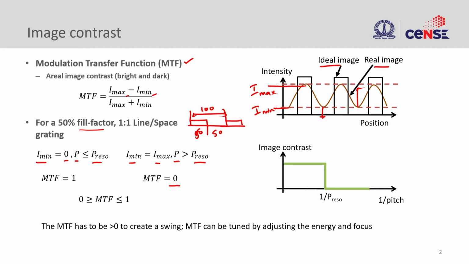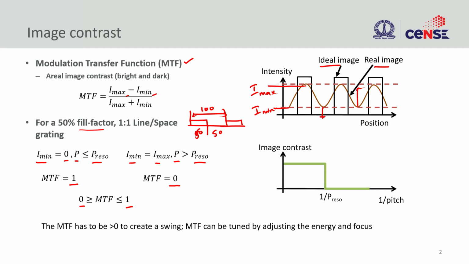But a perfect reproduction where your I min is 0 will give me an MTF of 1. You can just plug into the MTF equation and you will notice that you can swing between 0 and 1. 0 is where you have very poor or no reproduction at all of the image, and when it is 1 you have perfect reproduction of the image.